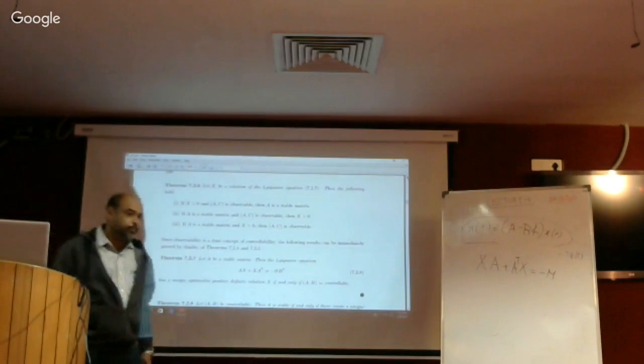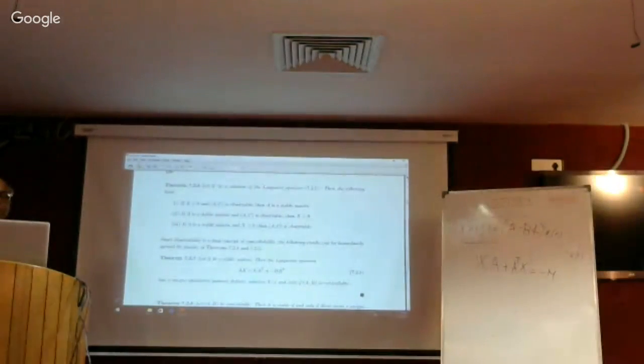Yeah. So look at the statement of the theorem. If A is a stable matrix, then the Lyapunov equation of the form AX plus XA transpose equal to minus BB transpose has a unique symmetric positive definite solution X if and only if (A, B) is controllable. So this theorem is more powerful than the Lyapunov original theorem, right?